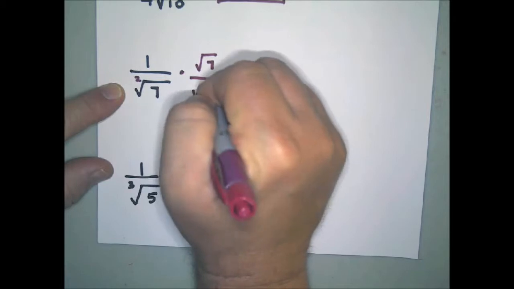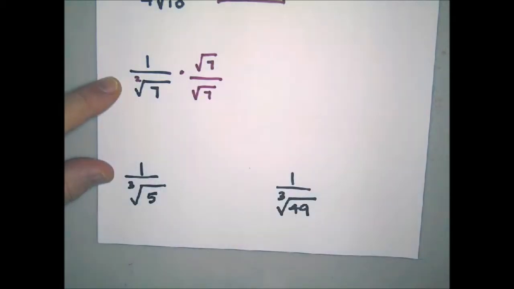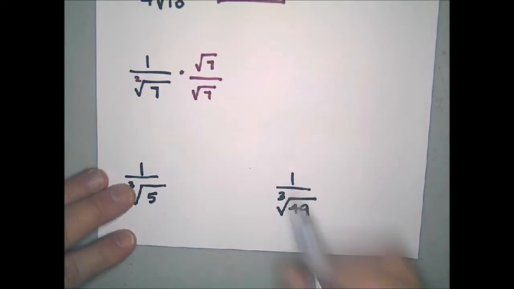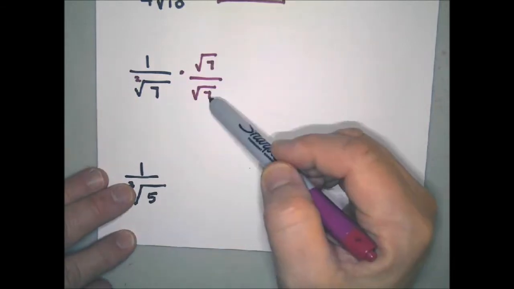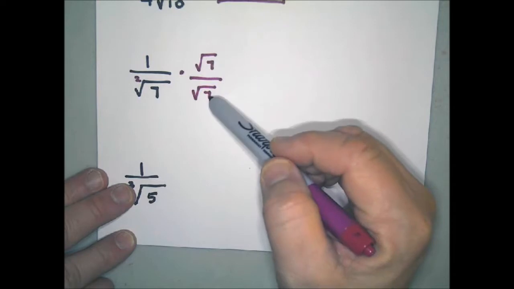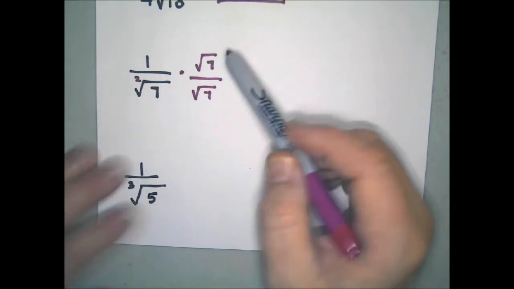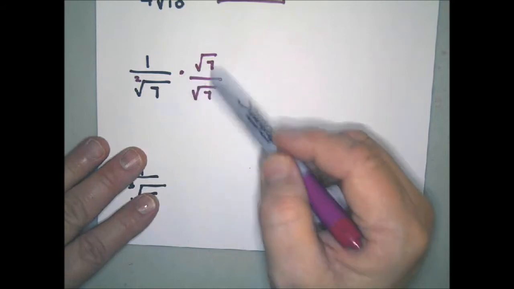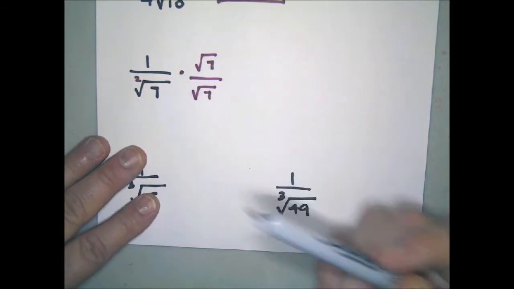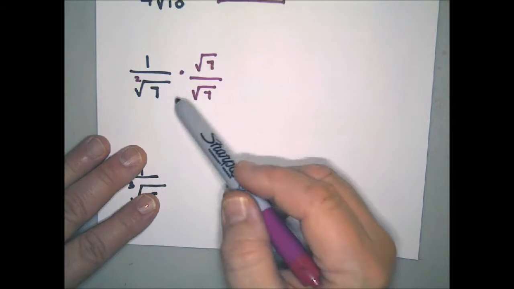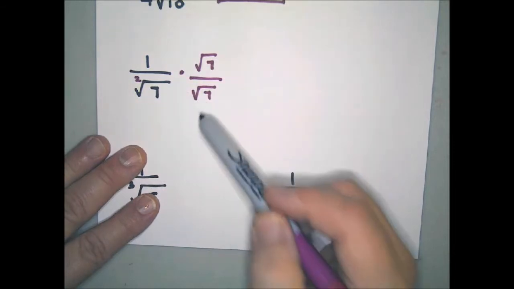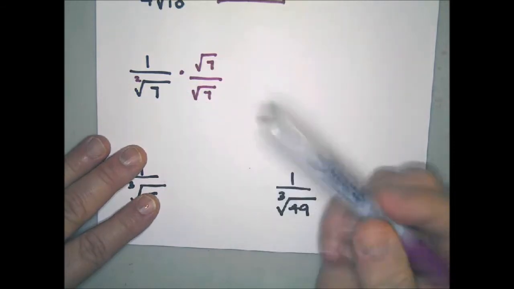So I'm multiplying the top by square root 7 over square root 7. What lets me do that is the fact that square root 7 over square root 7, or anything over itself, is really the number 1. And anytime you multiply something by the number 1, you really don't change it. You might change the way it looks, but you don't change the actual value.